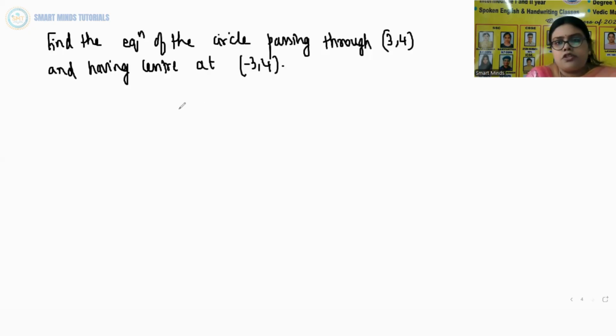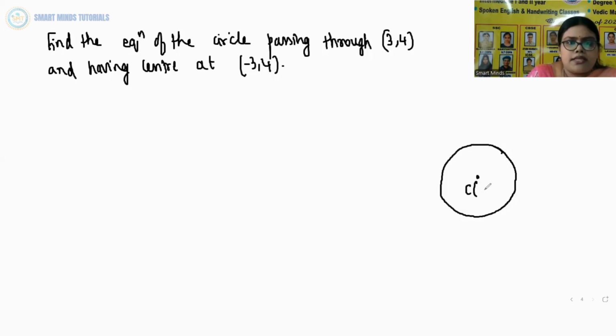So take the next question. Find the equation of the circle passing through (3, 4) and having center at (-3, 4). So again let's draw a circle. Take the center as C (-3, 4) and the point as P (3, 4). Now let's join them.